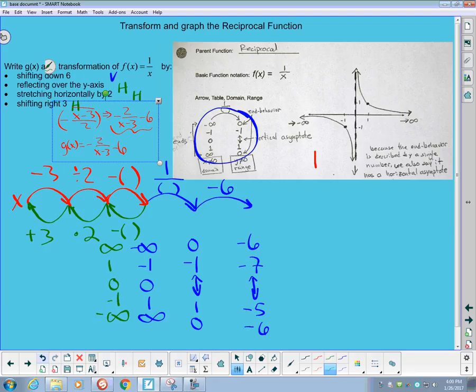So we've flipped that axis around. 2 times infinity is still infinity. 2 times 1 is 2. 2 times 0 is still 0. Negative 2, and still a negative infinity there. And infinity plus 3 is still infinity. 2 plus 3 is 5, 0 plus 3 is 3, negative 2 plus 3 is 1, and negative infinity plus 3 is still negative infinity.